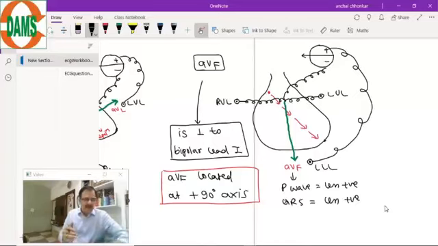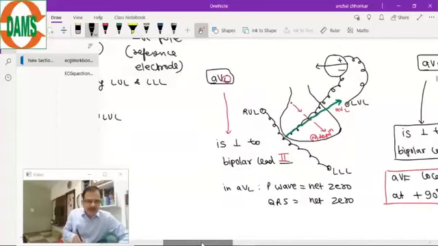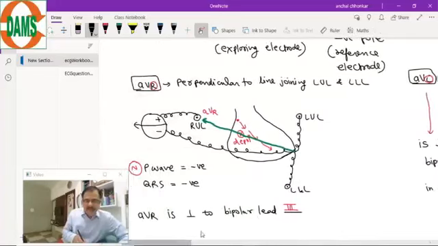Now I will take your test, and then I will give you some mathematical calculations also. So first let me take your test on this ECG lead placement. Let me see who can give me the correct answer fast.